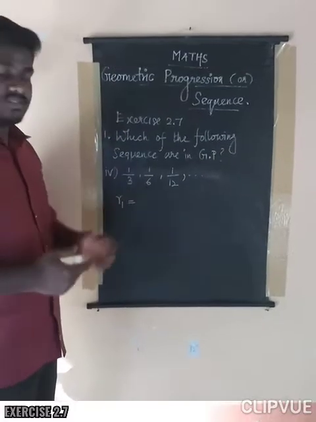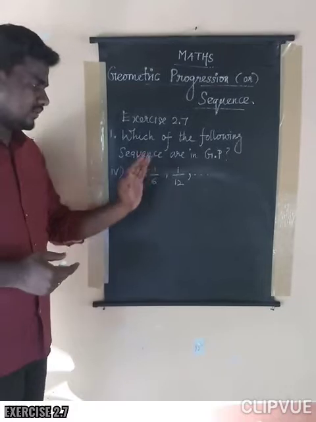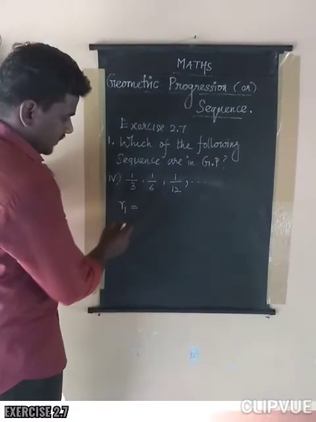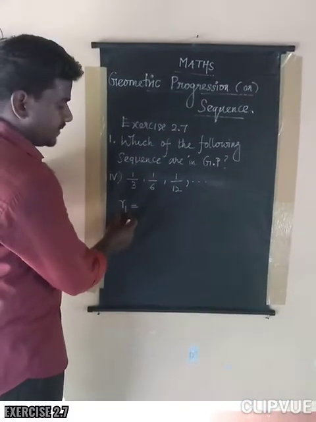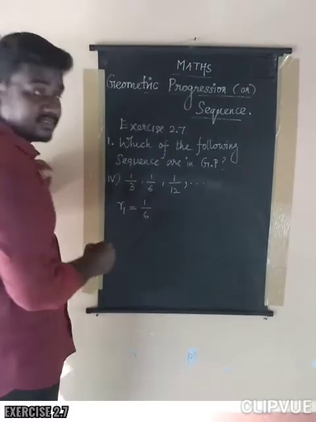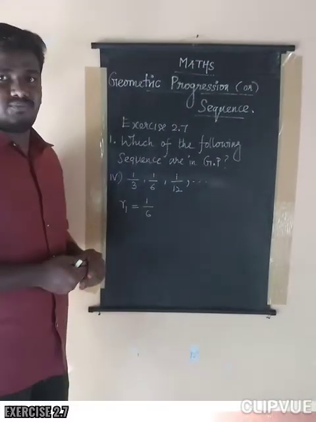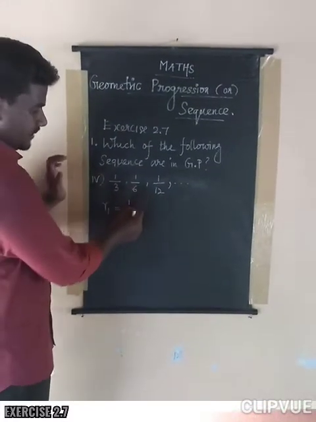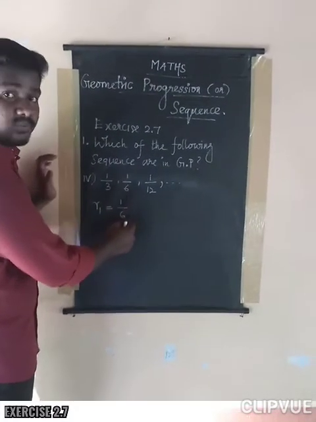First question, fourth subdivision. The question is 1 by 3, 1 by 6, 1 by 12, and so on. So, solution: R1 is the ratio between the second term and the first term. The second term is 1 by 6. The terms are in fraction form, so better we write the reciprocal. First I am going to write 1 by 6, this is term 2.